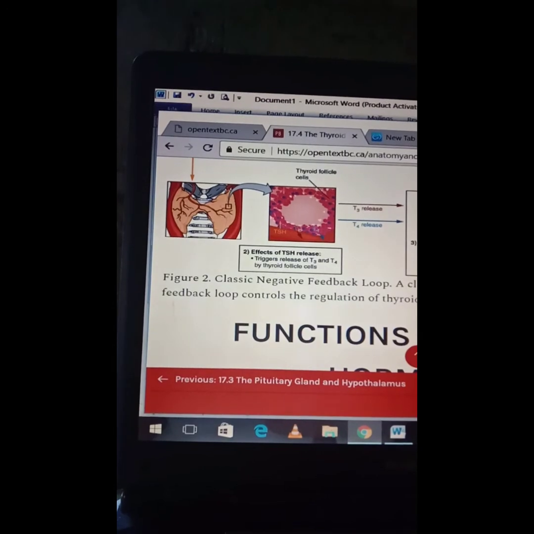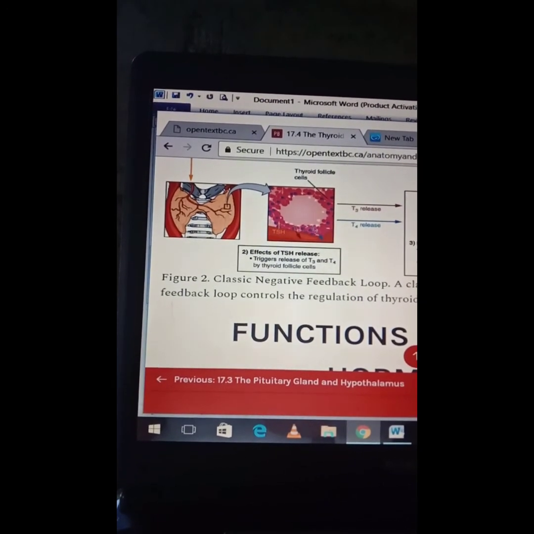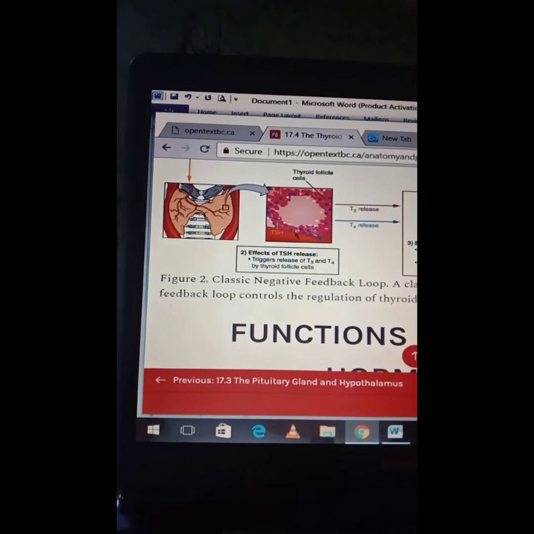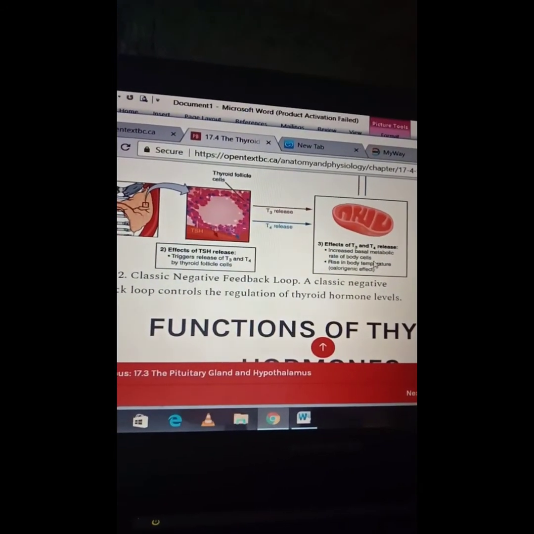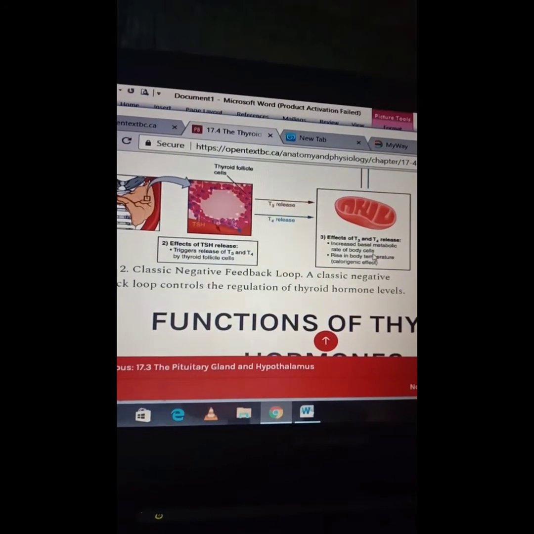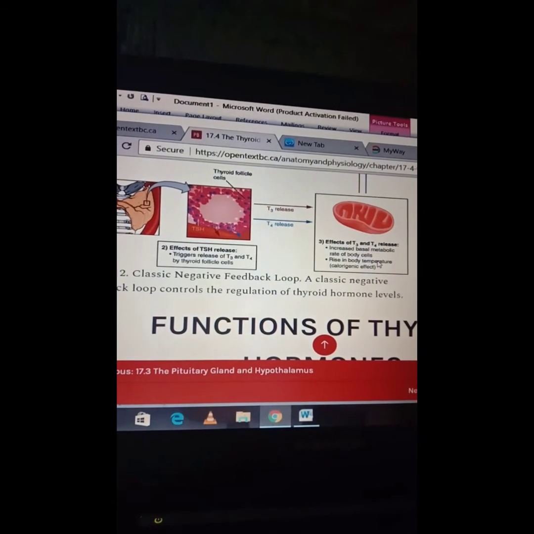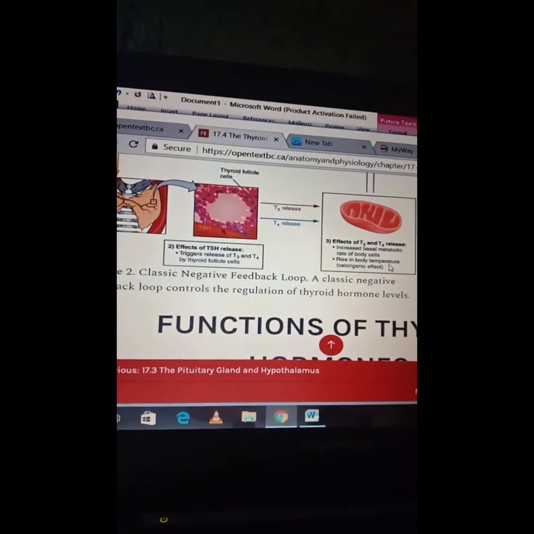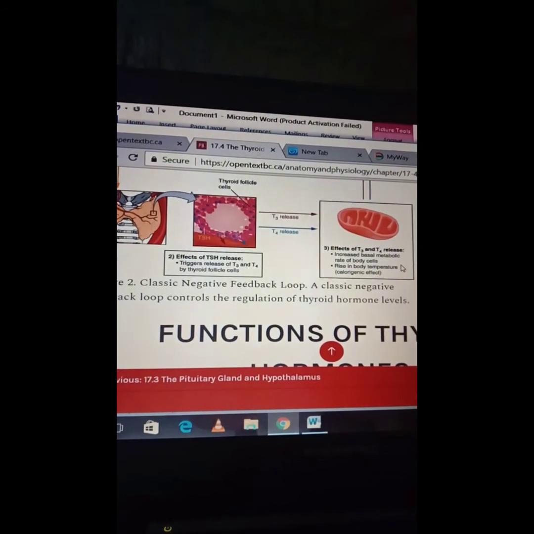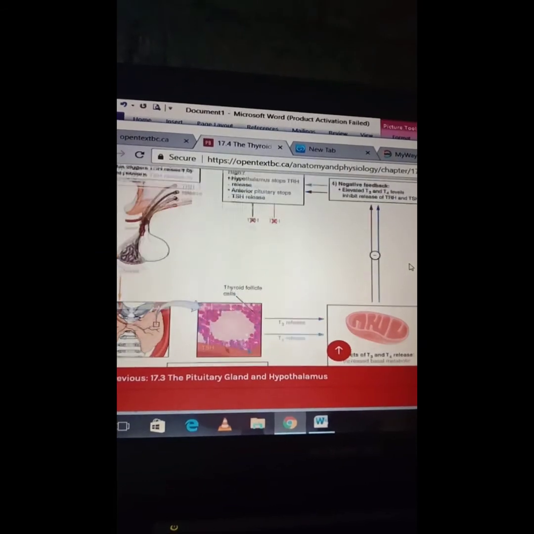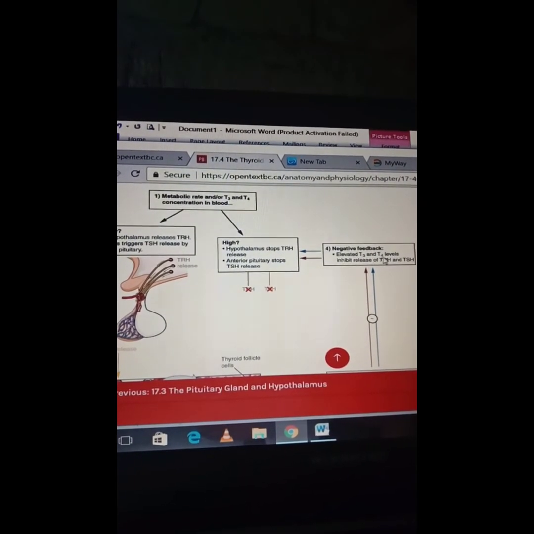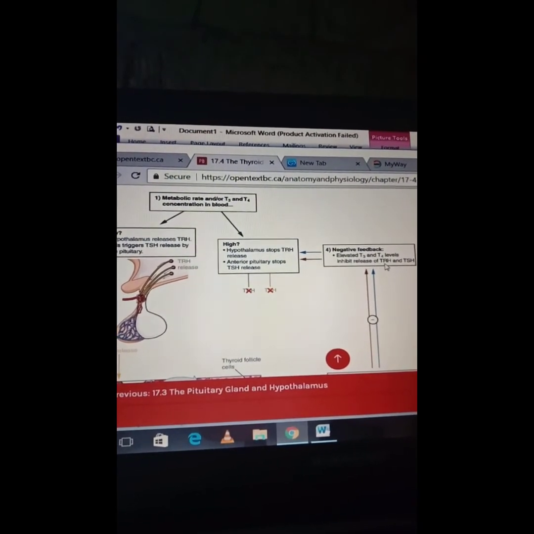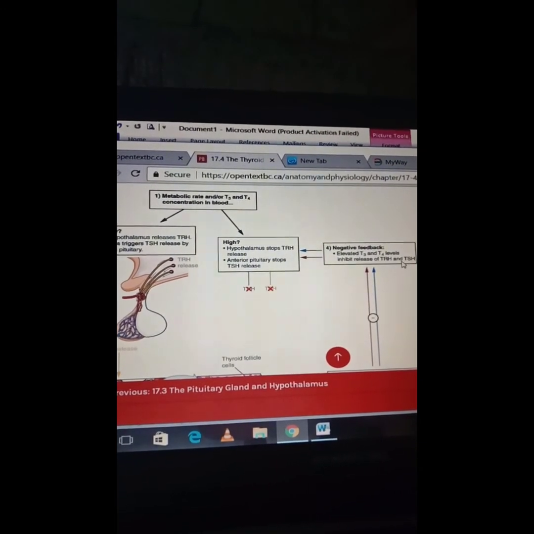Effects of T3 and T4 release: increase basal metabolic rate of the body cells, raise the body temperature, calorigenic effect. And then the negative feedback: elevated T3 and T4 levels inhibit release of TRH and TSH.